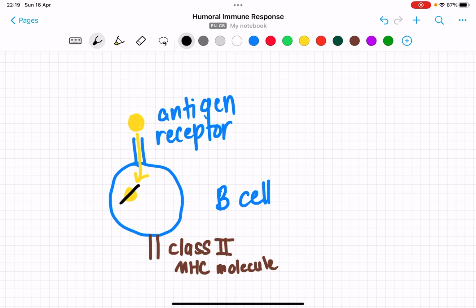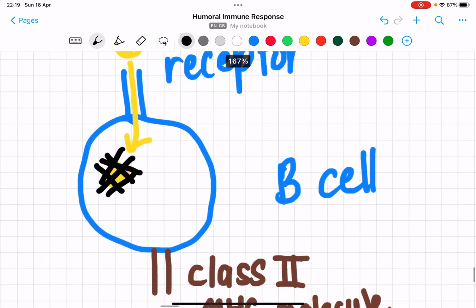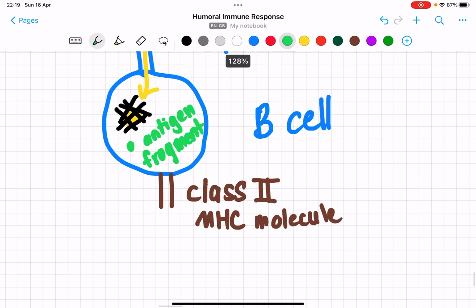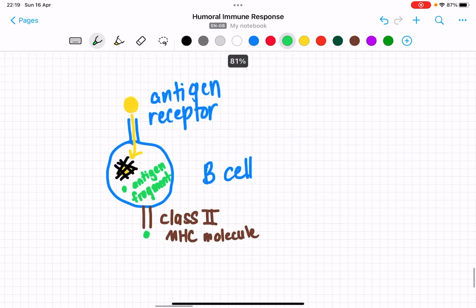The B cell will digest the antigen and produce the antigen fragment. This antigen fragment again will be displayed on the class 2 MHC molecule on the surface of the B cell.